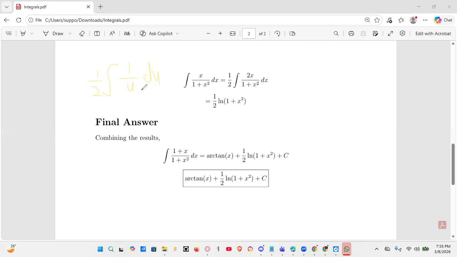And then we add our two final answers up, and we add a constant of integration, because integration in this case is indefinite. So we are assuming that we are giving you an answer that's actually an infinite number of functions where c can be anything, as opposed to a definite integral where we are finding the area of a function beneath the curve and we have bounds for our integral.